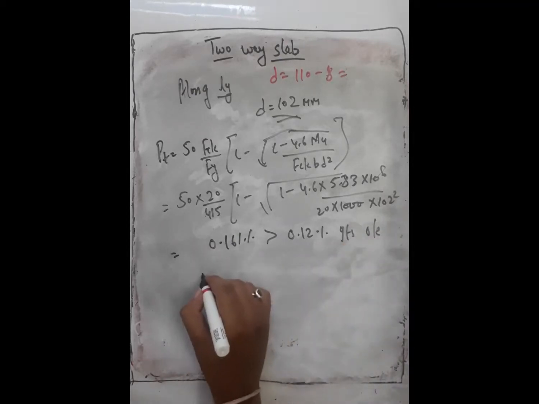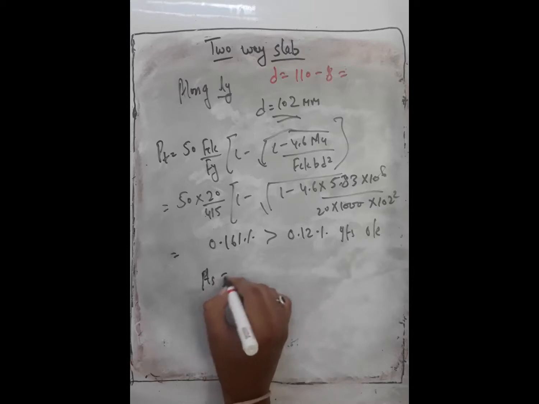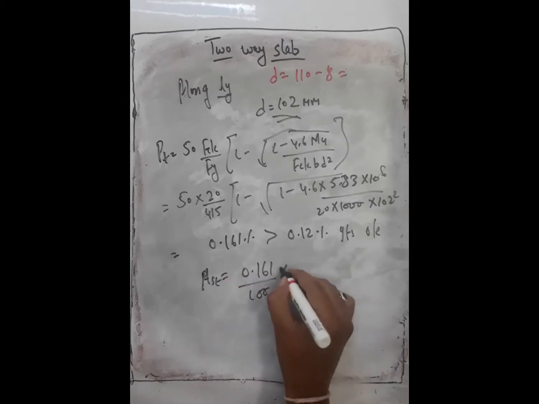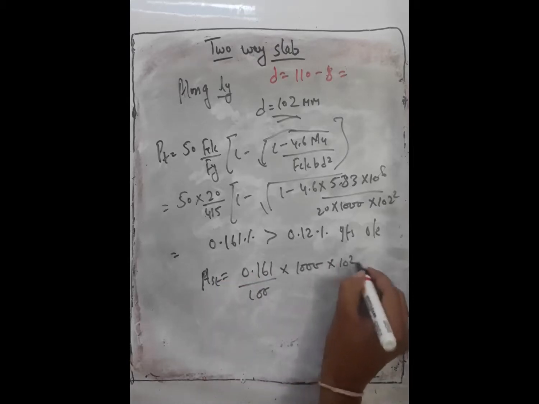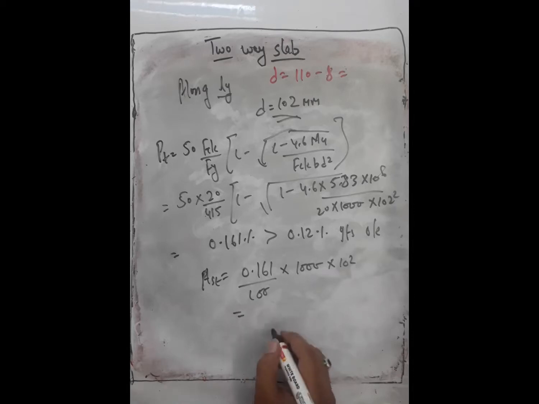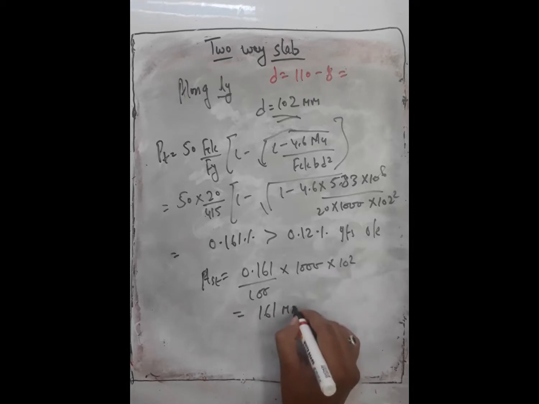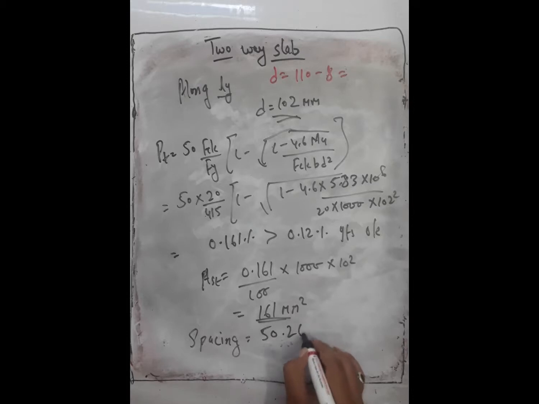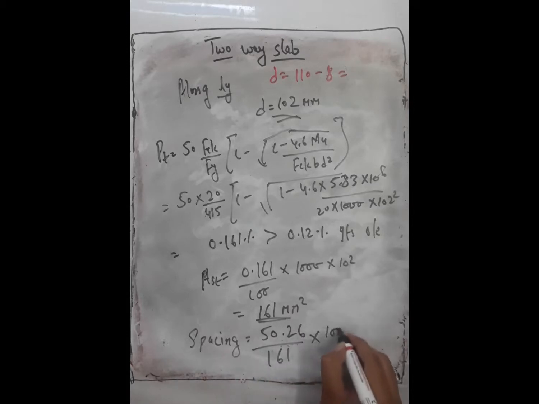So let's find Ast. Ast is equal to 0.161 divided by 100 into 1000 into 102, and you get Ast is equal to 161 mm square. After getting this, you have to find the spacing. You have already taken an 8 mm bar, so 50.26 divided by 161 into 1000, and here you get 300 mm as the spacing.